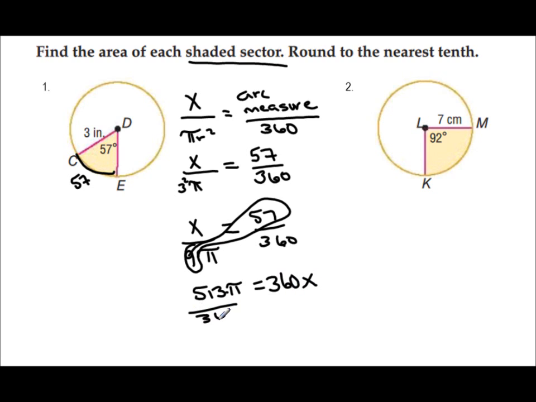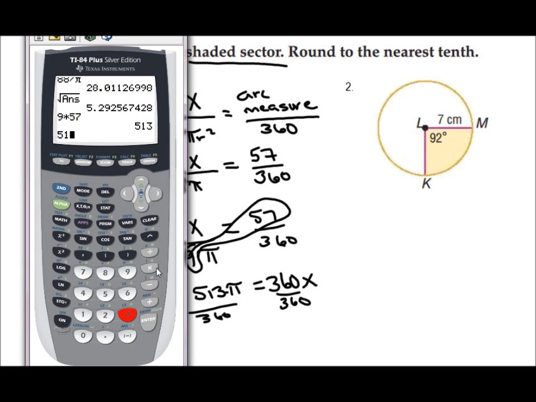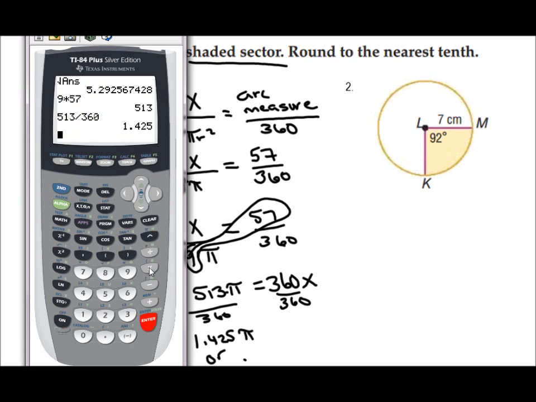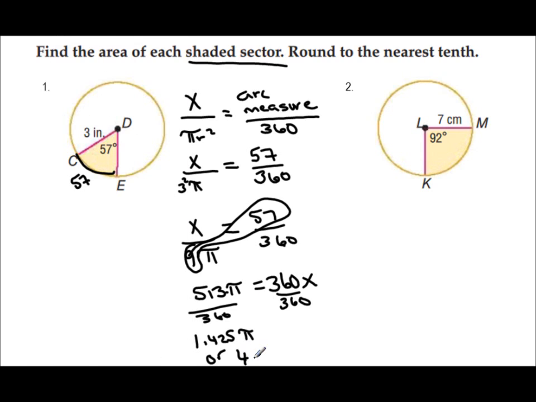So now we're going to divide both sides by 360. 513 divided by 360 gives me 1.425 times pi, or 4.5 if we put pi in our calculator.